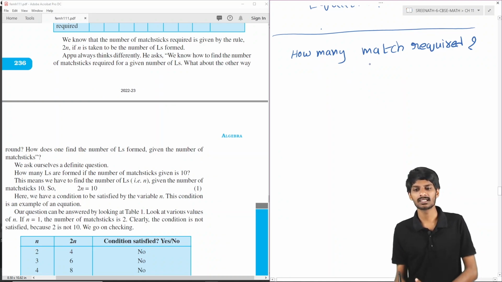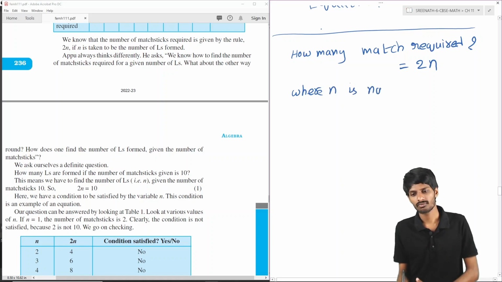So we can say that it is equal to 2 into n, where n is the number of L's formed.